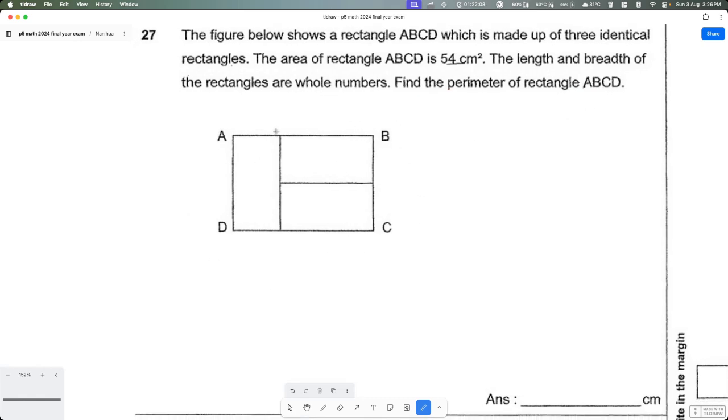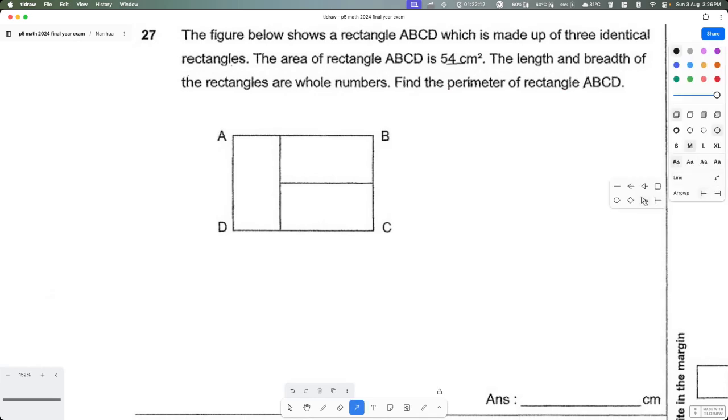All right, so you can see there are 3 identical rectangles over here. What we can do is list it out. So this is the length, and we also know that this is the length as well. That means the other side is the breadth.